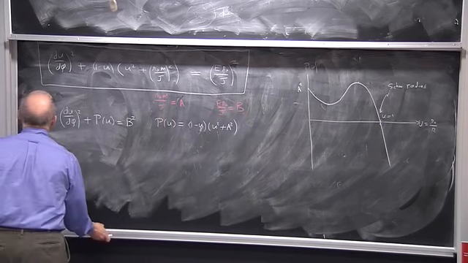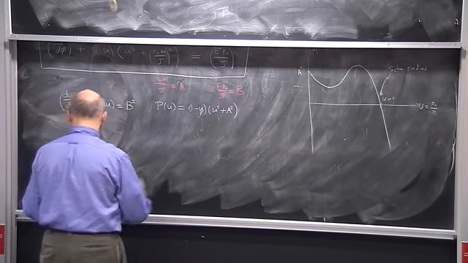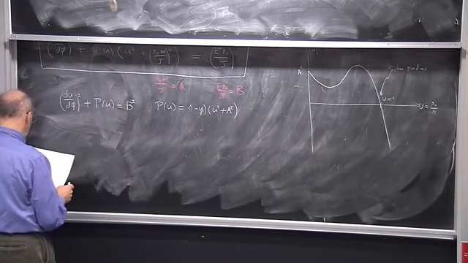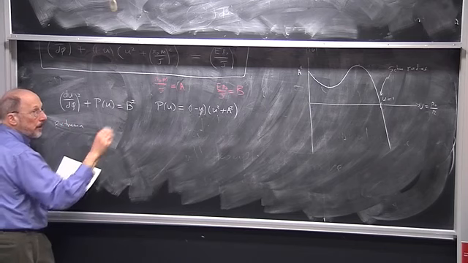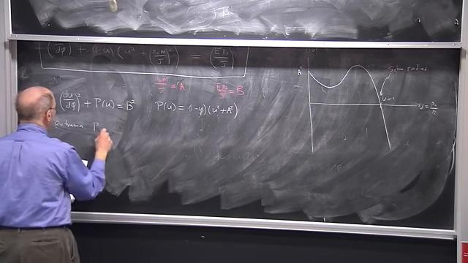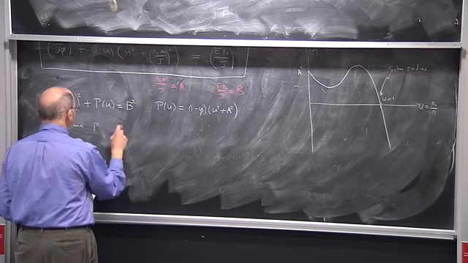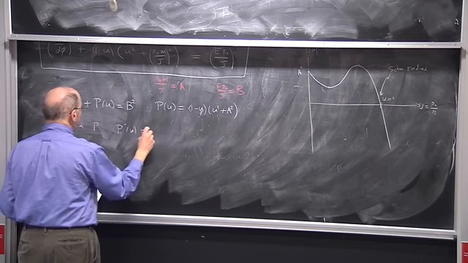So let's find the roots of this thing. The minima and maxima, the extrema of this polynomial p, are the roots of p prime of u equal to 0.